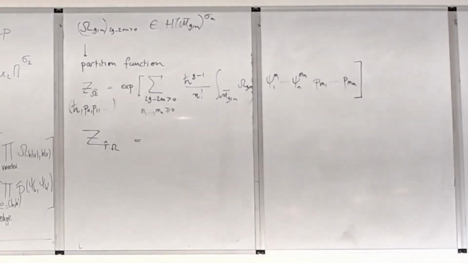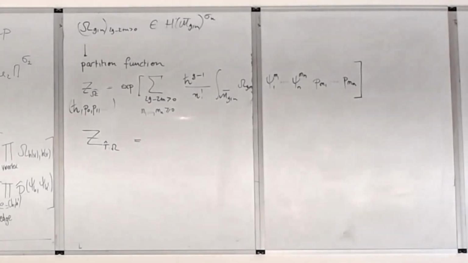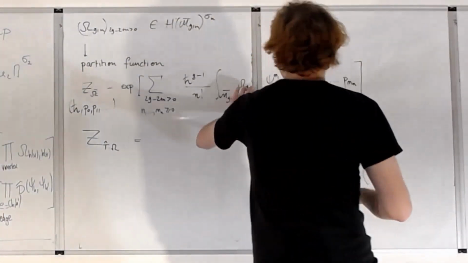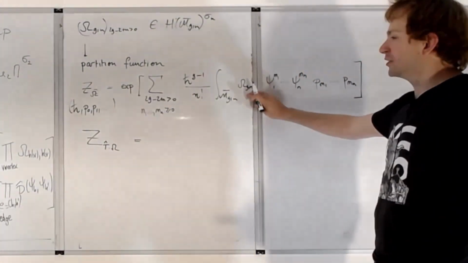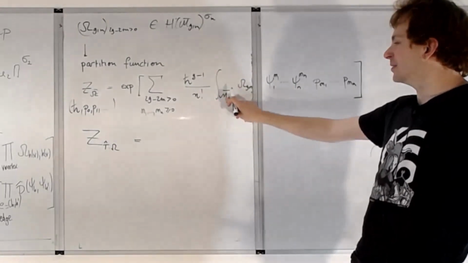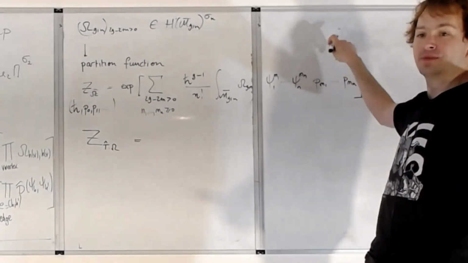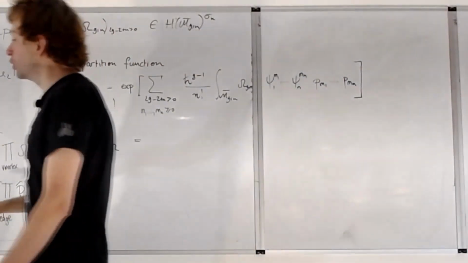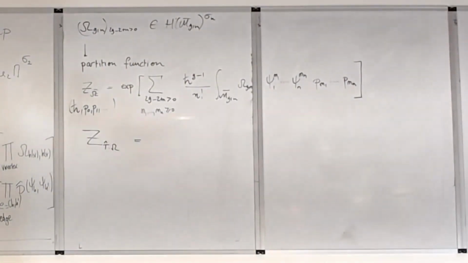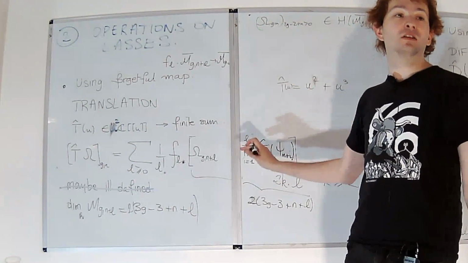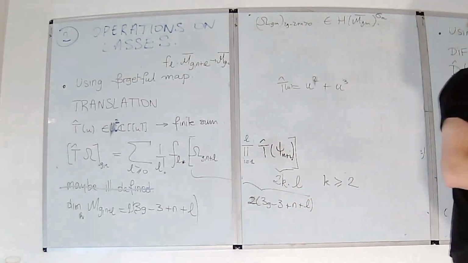It was, for the remark, t hat of psi n plus l. So it means that instead of this, what you actually have is the sum over l of the integral over M g, n plus l, these psi classes, and also the extra psi, which come with the coefficients of the formal series t, not anymore with the p's. So it looks like a Taylor series expansion, but at a different point.